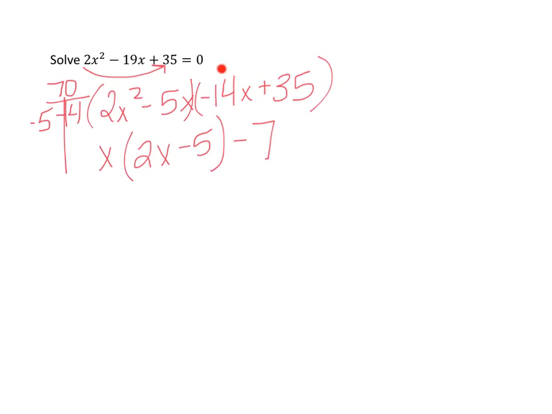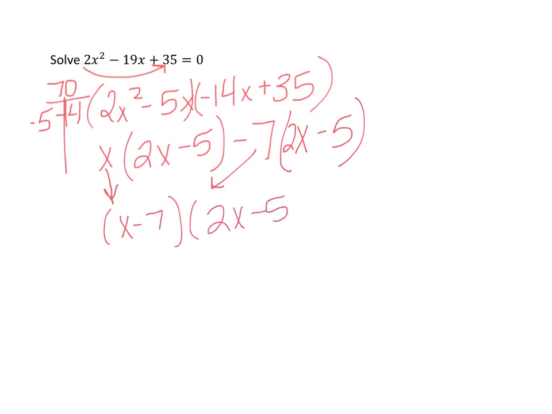Anytime this term right here is negative, you do want to factor out a negative. So take out a negative 7. I'm going to have 2x minus 5 left over. Bring my outsides together. x minus 7 times 2x minus 5 equals 0.